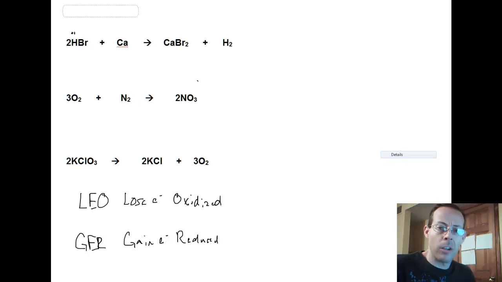Bromine, because compounds always have to add up to 0, is a -1. Calcium, because it's an element by itself, is 0. Over here, calcium is with bromine, so calcium is a +2. In bromine, there's two of them, so it's a -1 still like it normally is. And then hydrogen is now an element by itself, so it is 0.